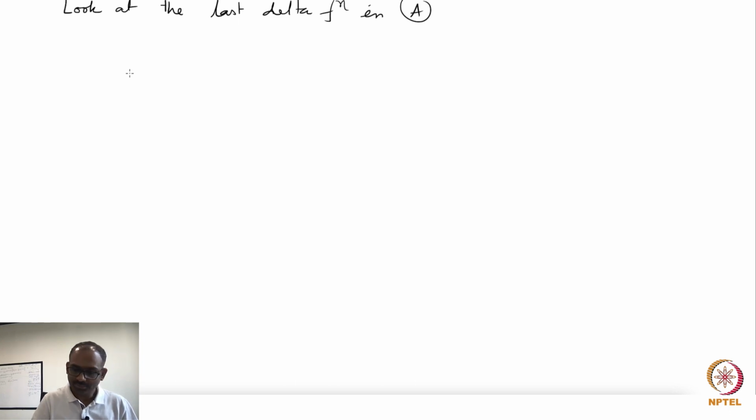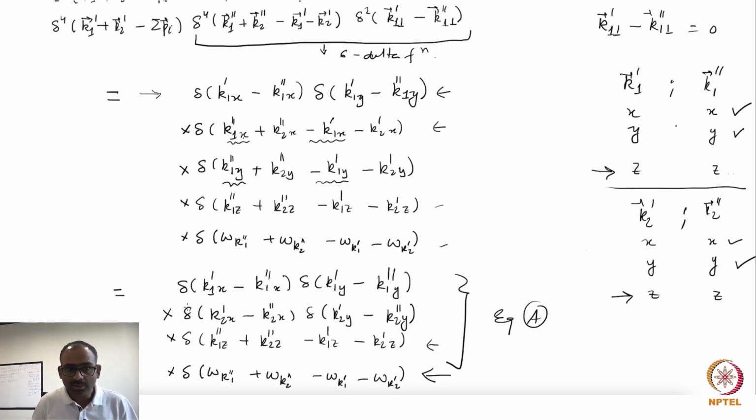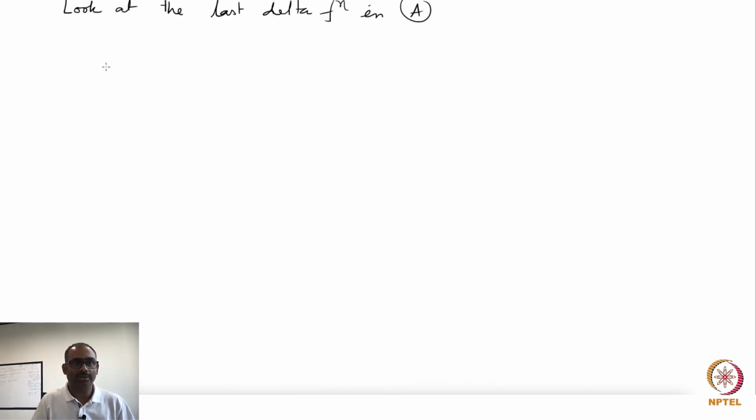So let me first write down omega k1 double prime. And what is that? It is k1 double prime square plus mp1 square.